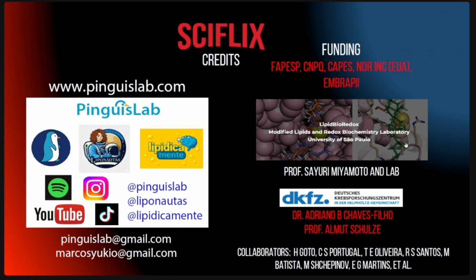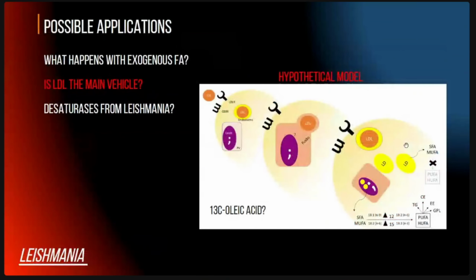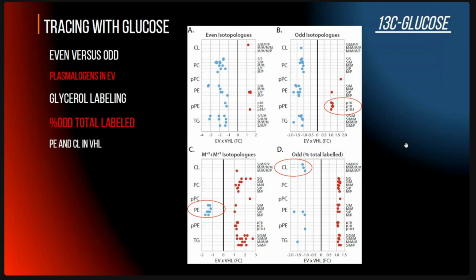So there were two pieces of data that I showed, but it's very complex, I admit. But anyway, what I showed was that in the odd isotopologues, not the even, there was an enrichment in plasmalogen. When you say odd, it's because it's glycerol label. Exactly.